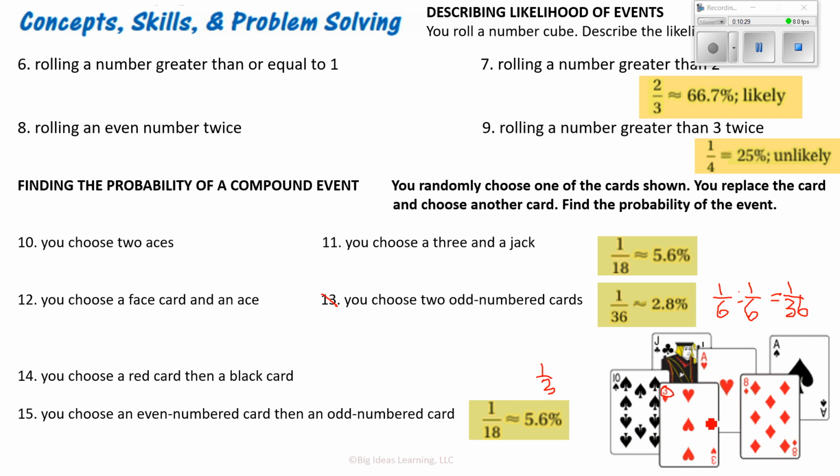And then to pull an odd numbered card, well, if they really are just looking at the 3 as an odd number, that's going to be 1 out of 6. Now you got 1 times 1 is 1, and 3 times 6 is 18. And that's where they got this answer here, number 15.